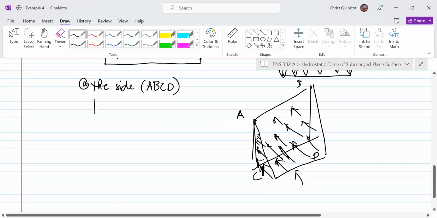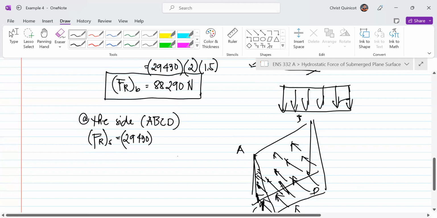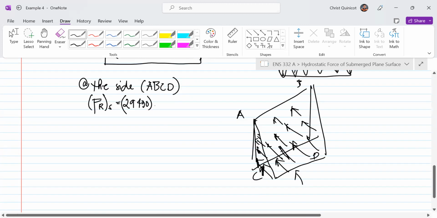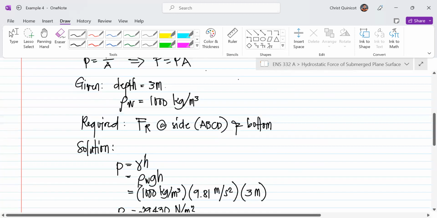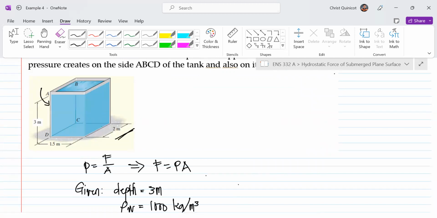So therefore, our F sub R at the sides is equal to the pressure, which is 29,430, times the area, which for this case is a triangular area. So that is 1/2. Our base would be 2 meters because this side is ABC, and our 3 meters is our height.